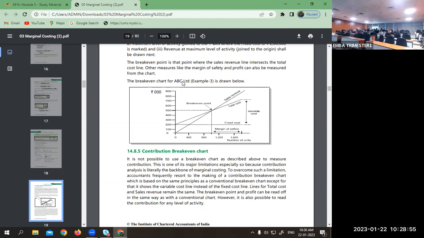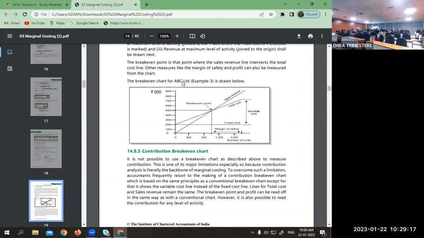If I sell 800 units, my sales go beyond that. Okay. So when this sales or revenue line intersects or touches the total cost line, that point is called the break-even point. Look at this. The other one is total cost. This line is total cost.